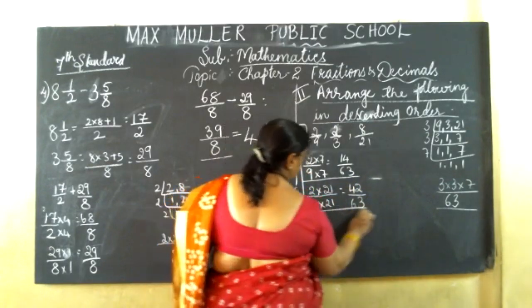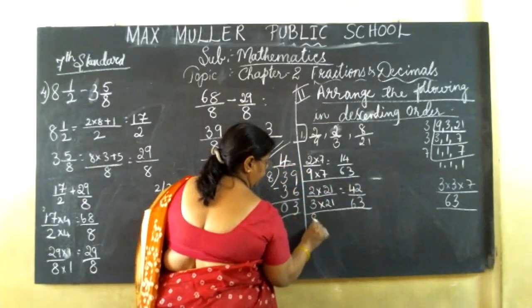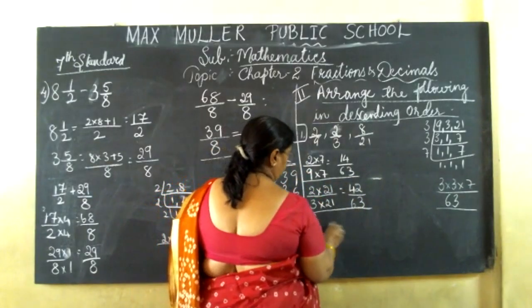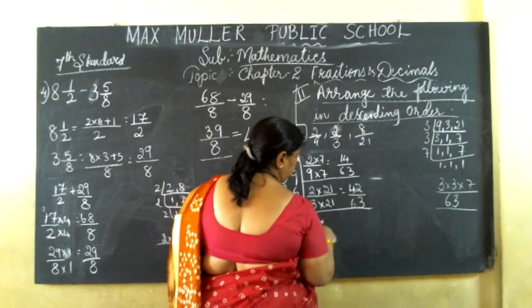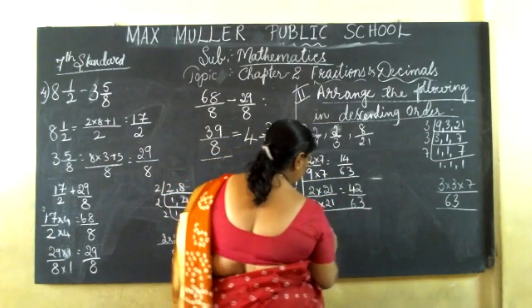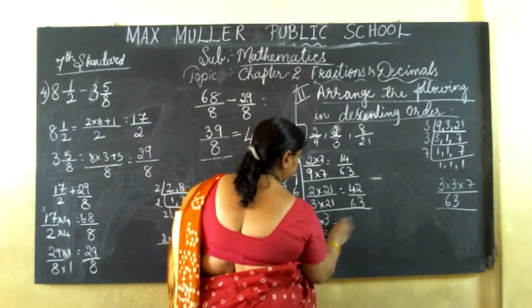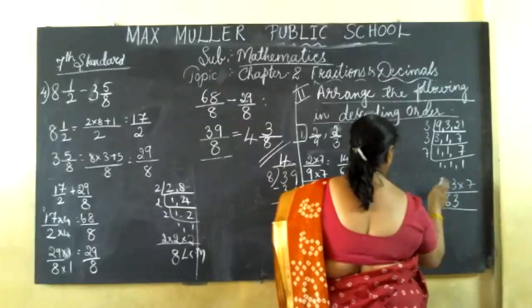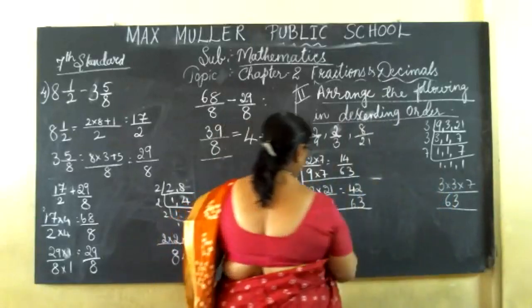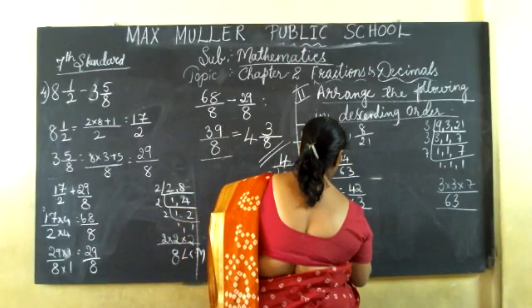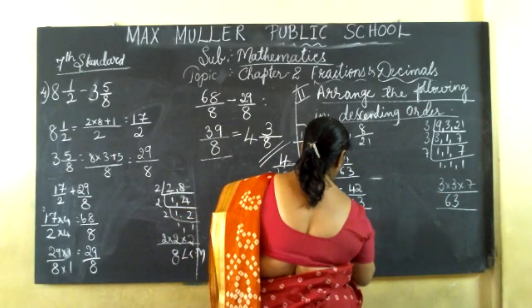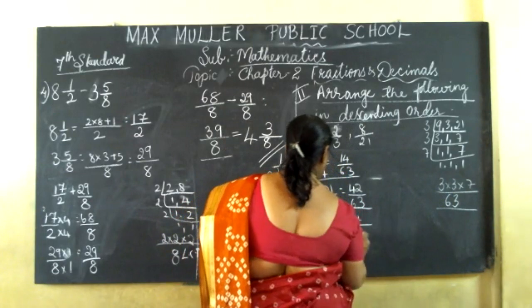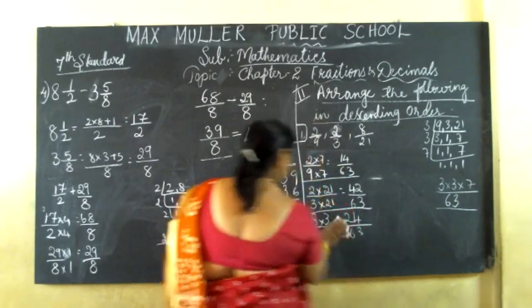Then another set is completed. 8 by 21. What is your LCM? 21 means into 3. 3 7s are 21, isn't it? So the other 3 is left out. 8 3s are 24 by 63.